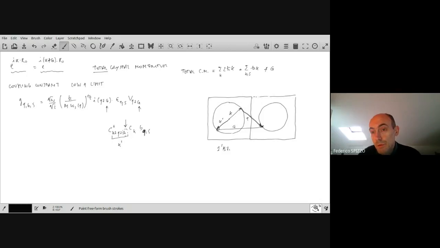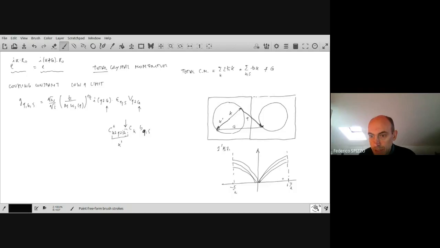In general, if the modulus of q is large, this means that the energy of the phonon is large, because when we represent the phonon dispersion, if this is pi over a and here minus pi over a, then the energy increases as the wave vector increases.